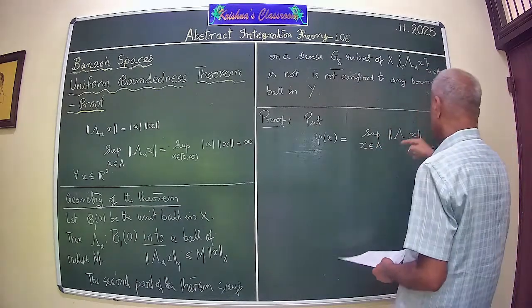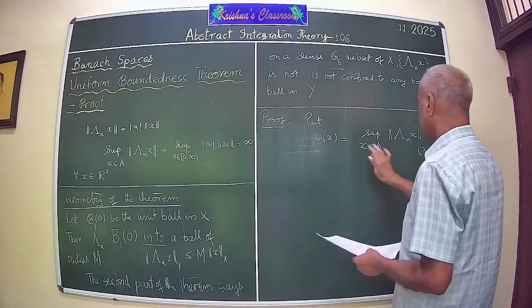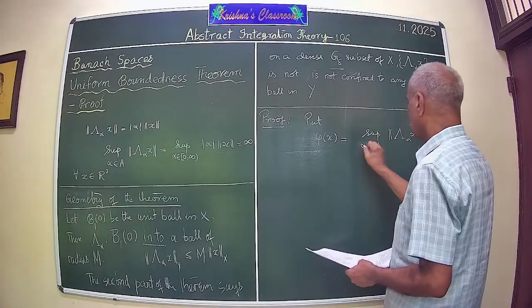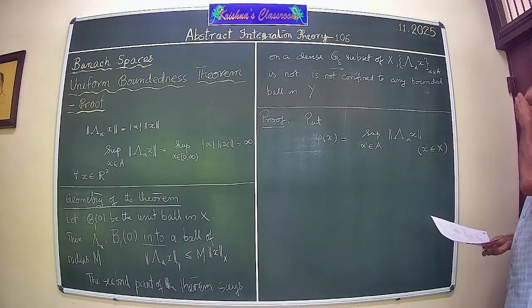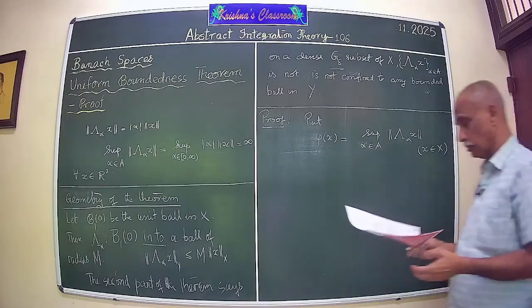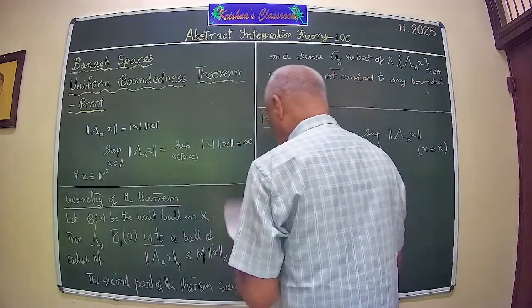This becomes a function of alpha, and taking the supremum of that over alpha, this is what you define as phi. So this is the function.